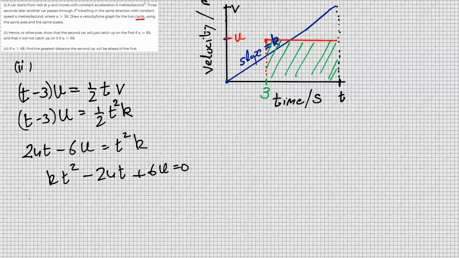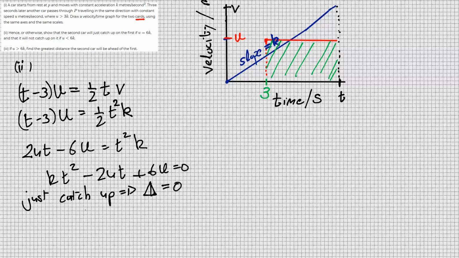Well, actually, yeah, it's a quadratic. We want this to be solvable, and because we want it to just catch up with it, we want there to be only one solution. So just catch up implies only one time, so the discriminant should equal 0.